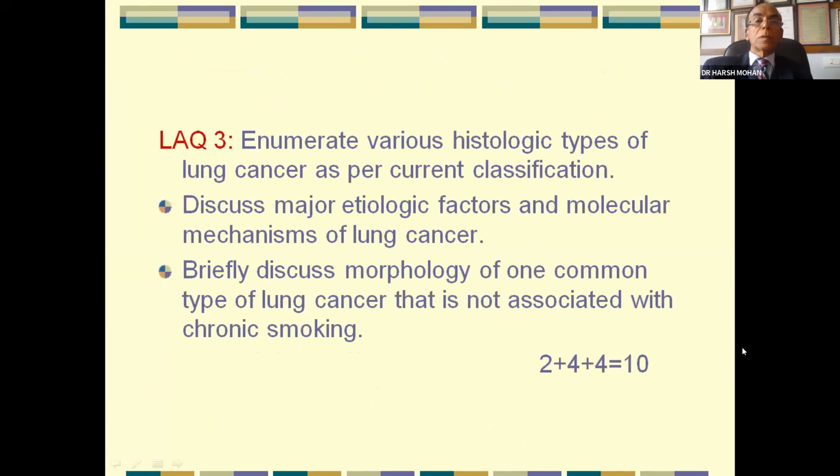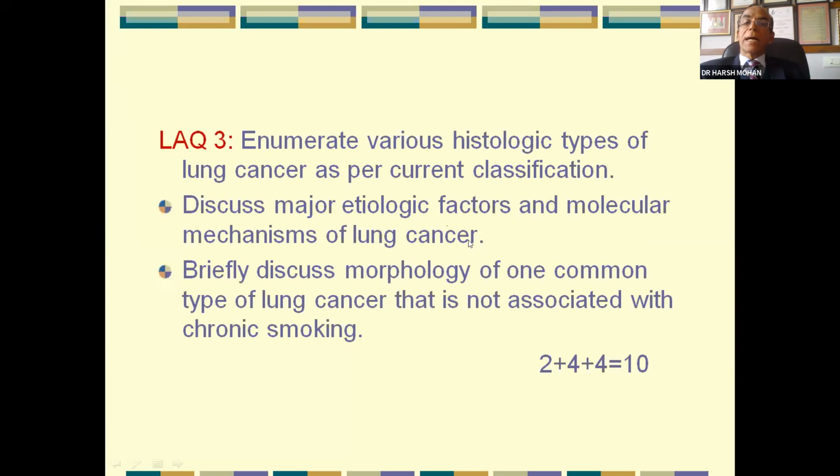Now, another long answer question can be, enumerate various histologic types of lung cancer as per current classification. This is assessing the knowledge of the current classification, which carries 2 marks. Discuss major etiologic factors and molecular mechanisms of lung cancer.